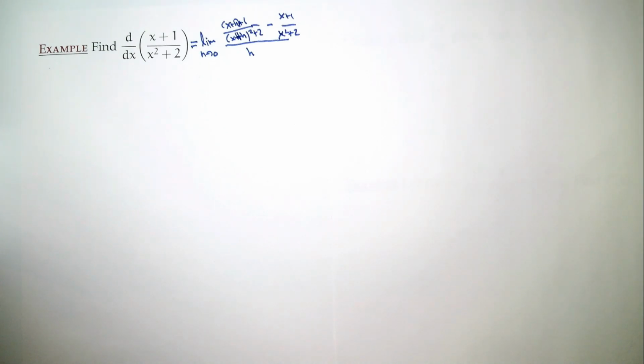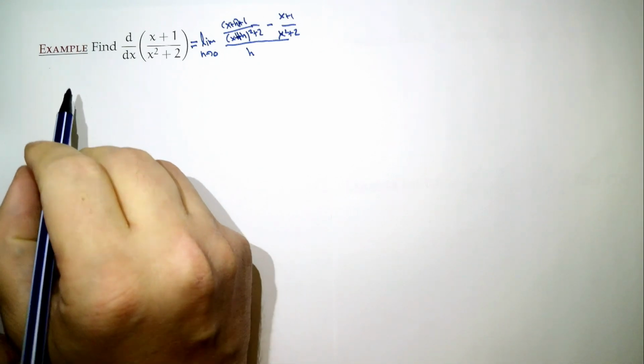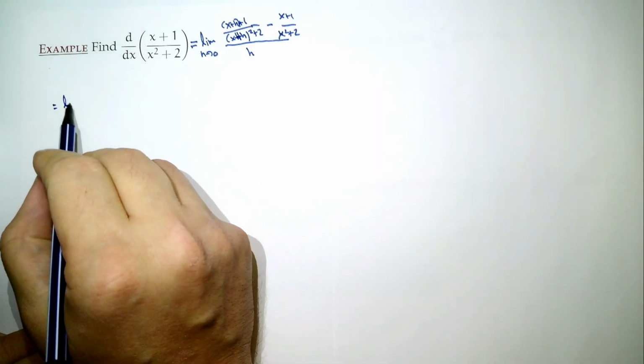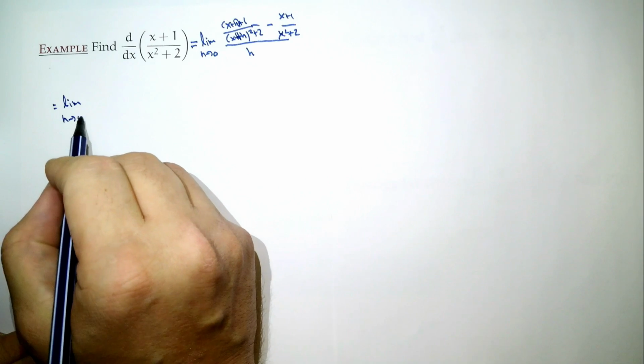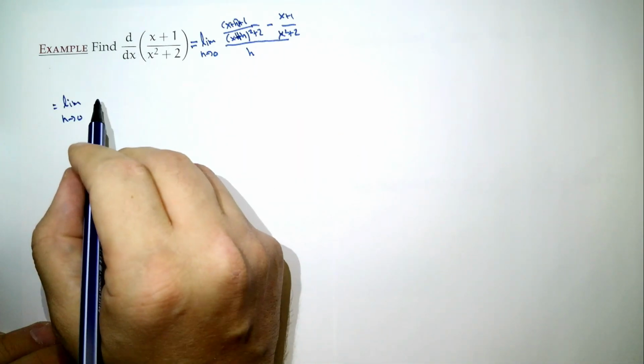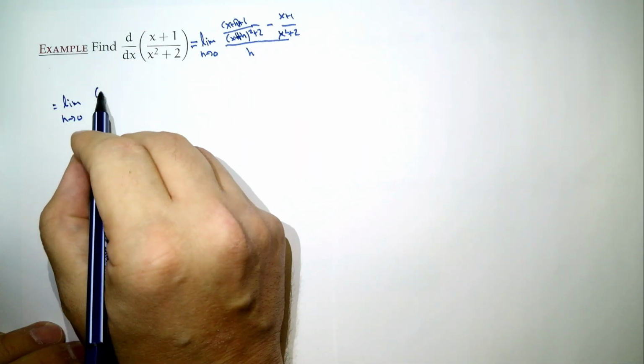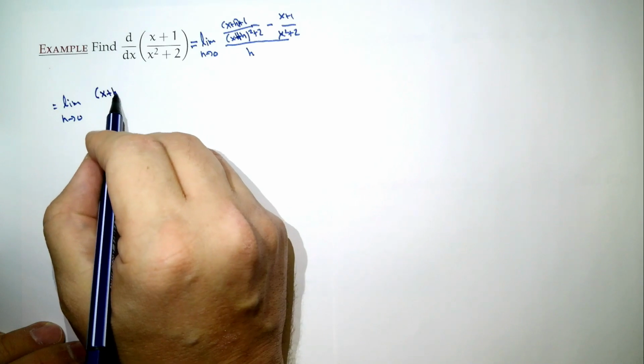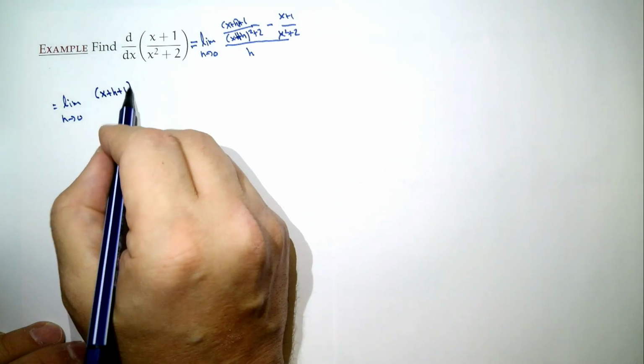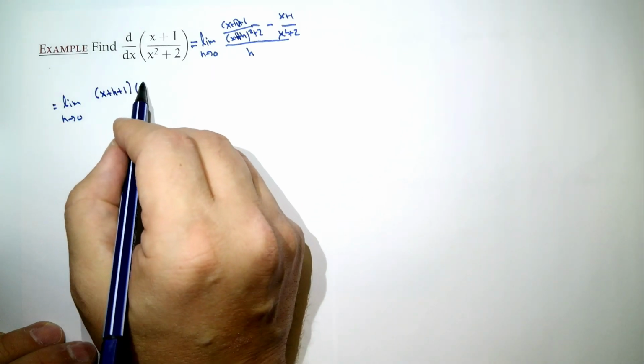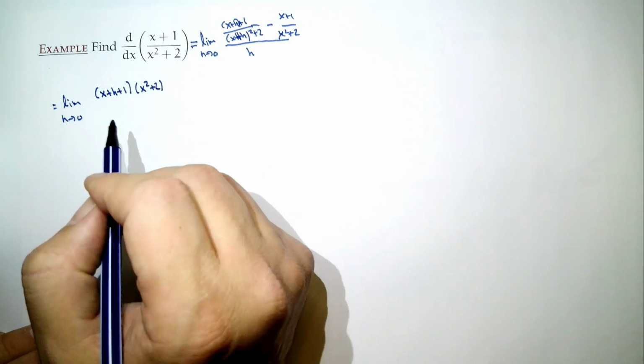Now what comes next? You want a common denominator. So this would be the limit as h goes to 0. Common denominator, I would do the following. On the first fraction, that's x plus h plus 1, I'd multiply that by (x squared plus 2) over (x squared plus 2).